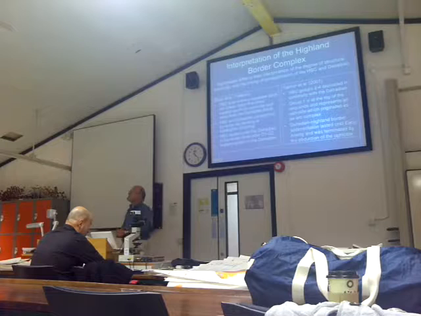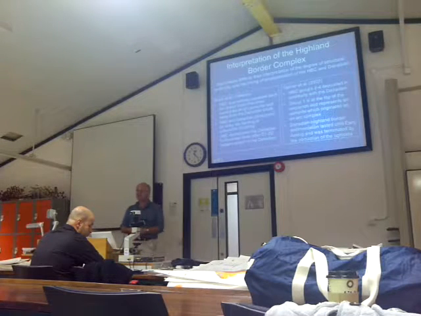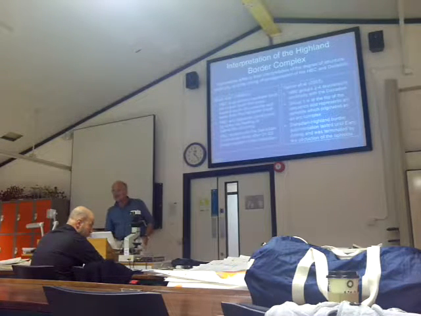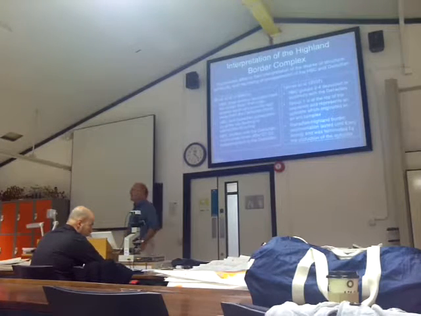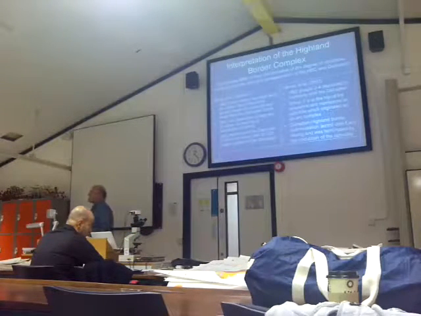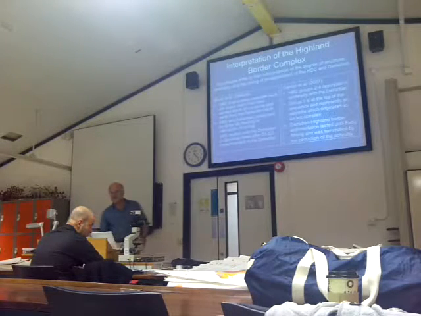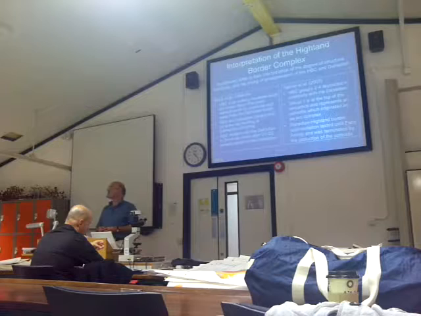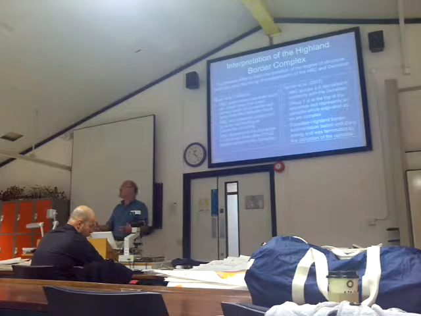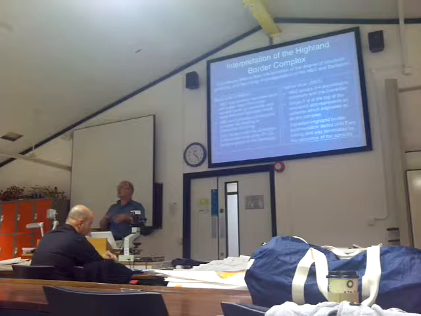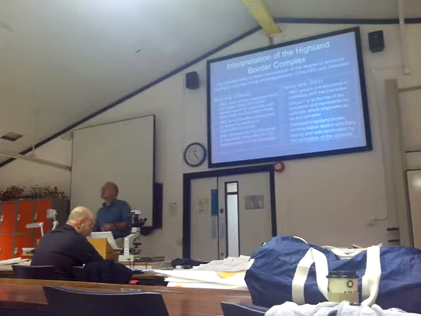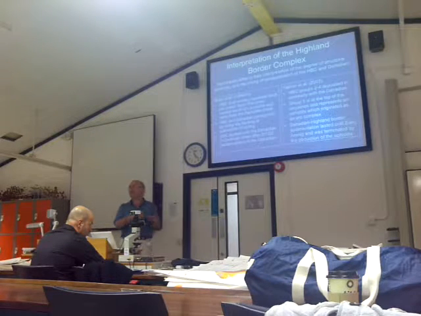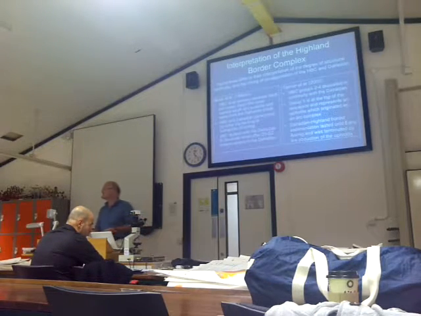There are two major groups of hypotheses, and they differ in how they interpret the Highland Border Complex in terms of how continuous the stratigraphic sequence is. Remember that there isn't much outcrop, so it's virtually impossible to get single continuous stratigraphic sequences that you can log through. You look at little isolated outcrops like the serpentinite we went to see.